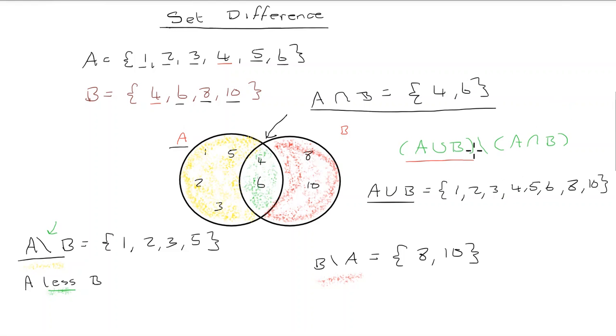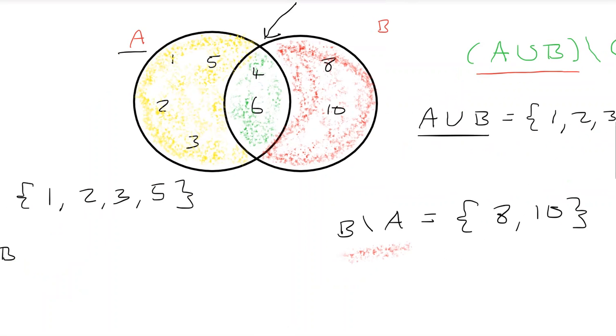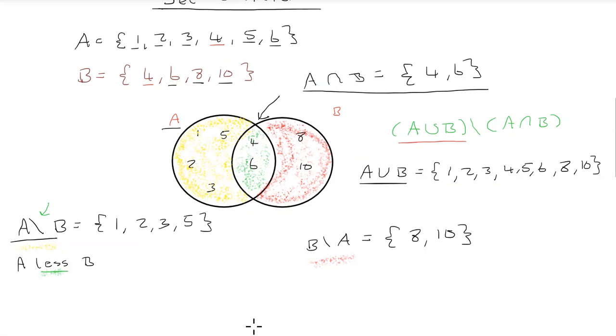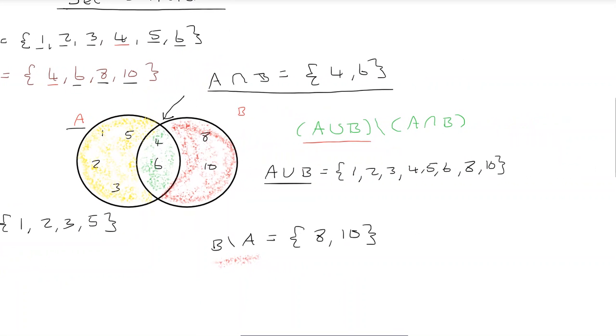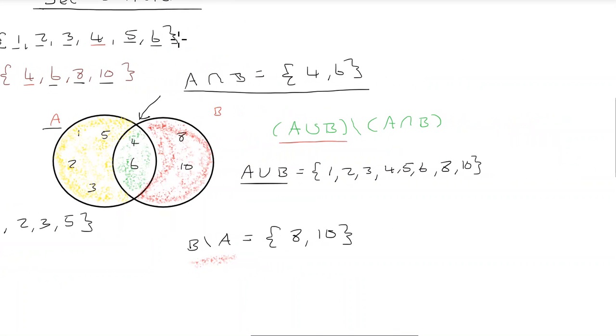So what we're saying here is we want A union B less A intersect B. We want all of these elements, but we want to take out the elements that are in the intersect. So this is going to look something like this. What are the elements that are in the intersect?